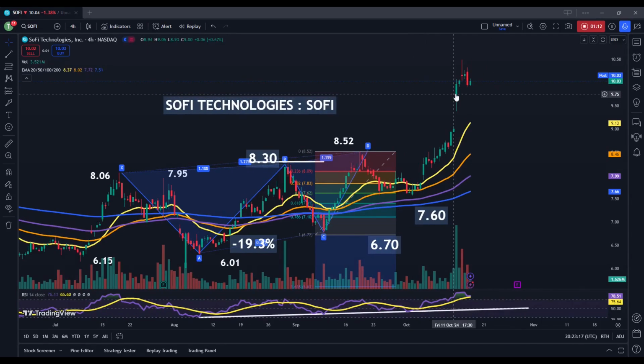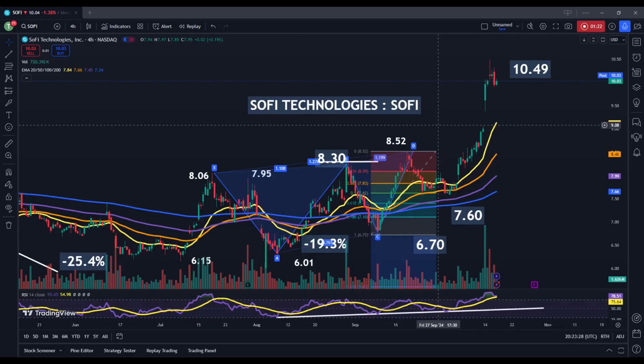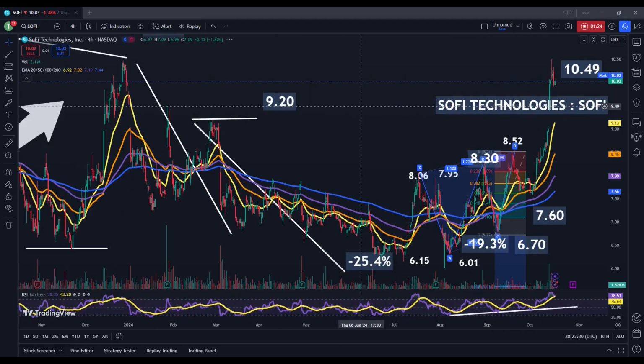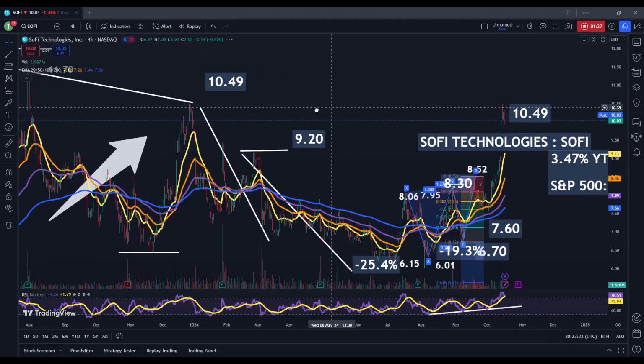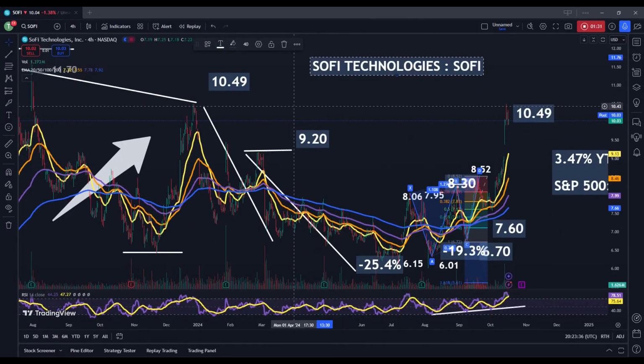But if we move out here, what we're seeing currently is that the share price did manage to form a high at $10.49. This is an interesting price level because this is an exact price zone that we have been watching for this stock previously. This was an area of potential support that we've been watching well before the stock even broke through the $10 mark.